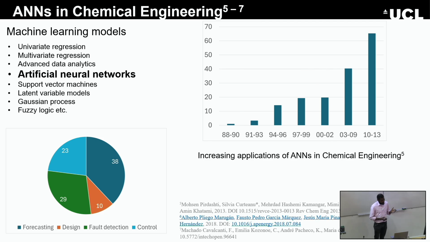And over the years, their application in chemical engineering has been increasing. The focus has been on key chemical engineering processes to forecast, to design, and to detect faults, as well as for control purposes.